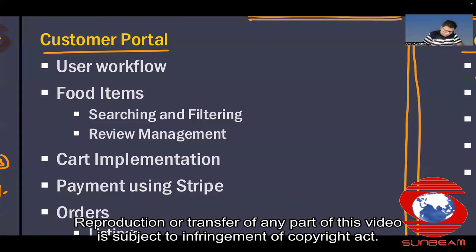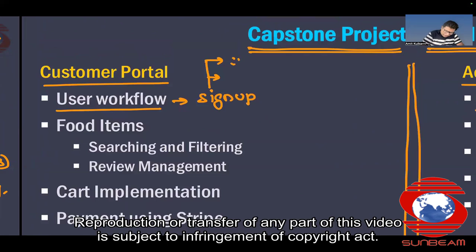First thing, it's the user's workflow. When I say user's workflow, we talk about sign up. Okay, I forgot to mention that, let me do it here. When you say sign up, it will be implemented using one of two ways. One is the website or custom sign up, using the user's email and password to let the user sign up.